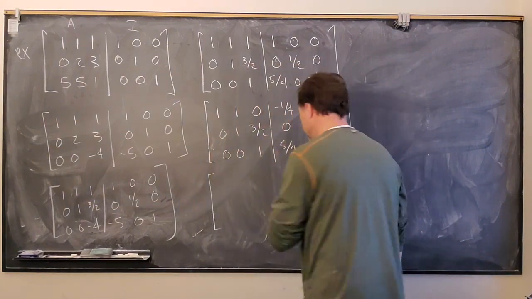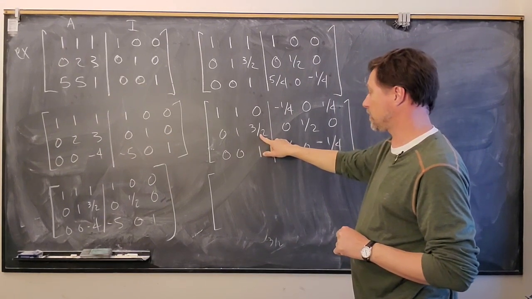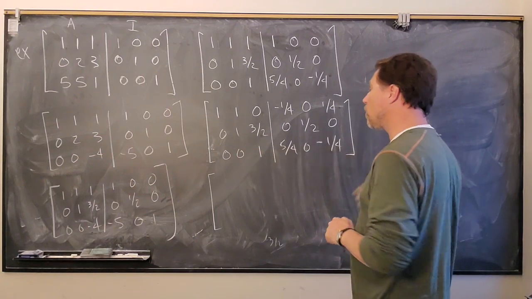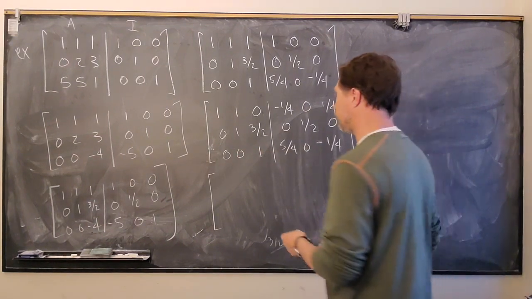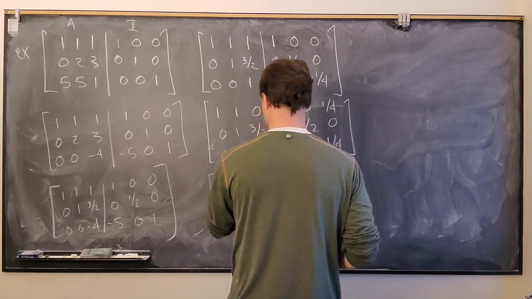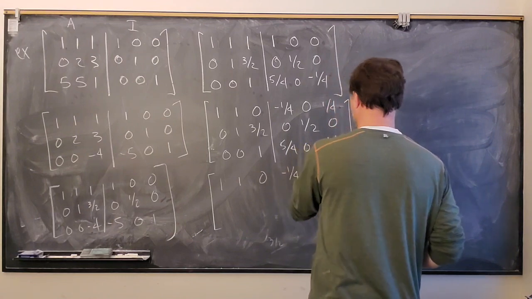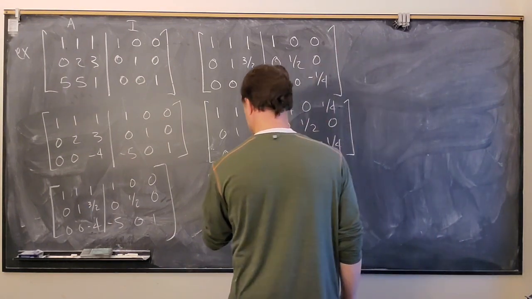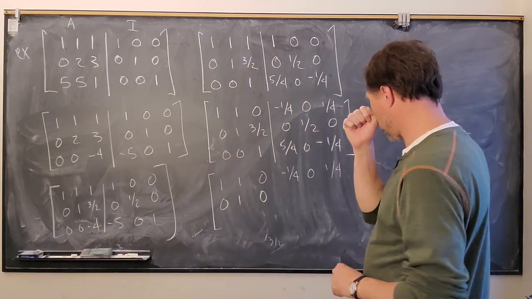Next step. Now I need to turn that 3/2 into a 0. So I'm going to multiply the bottom row by -3/2 and add it to the second row. 1, 1, 0, -1/4, 0, 1/4, 0, 1, 0. Okay, now what do I do?